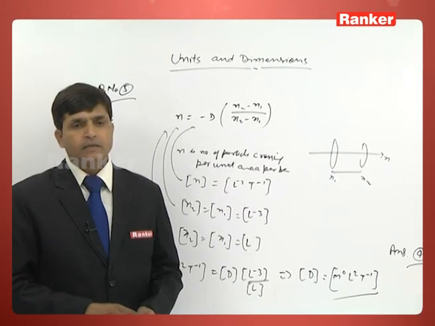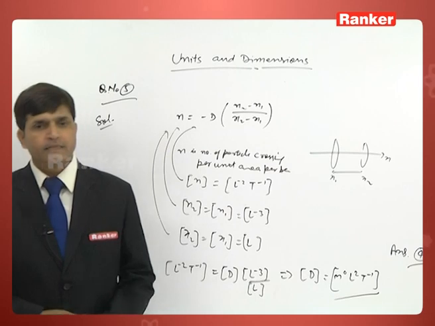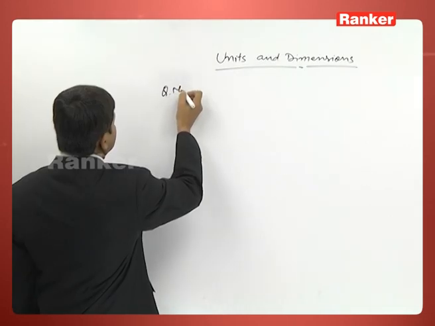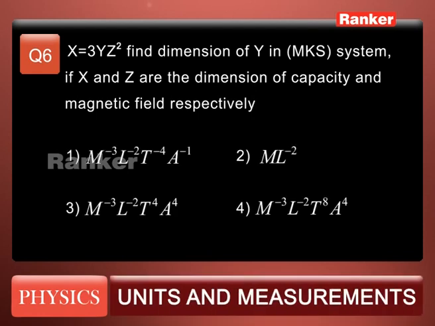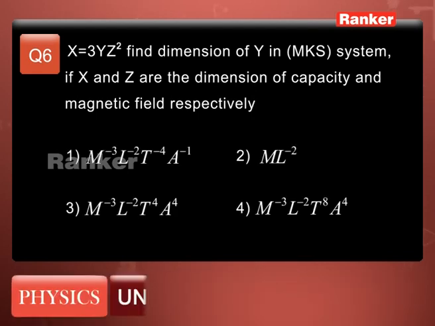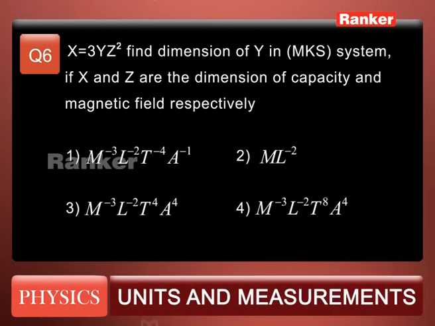Now come to the next question, question number 6. The question is that x is equal to 3yz squared. Find the dimension of y in the system if x and z are the dimensions of capacitance and magnetic field respectively.